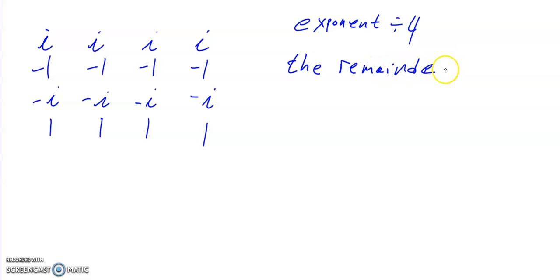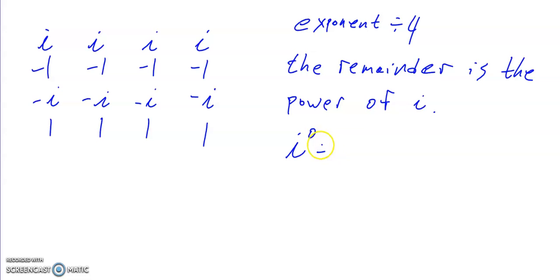And if the remainder is 0, i to the 0 power would have to be a 1.